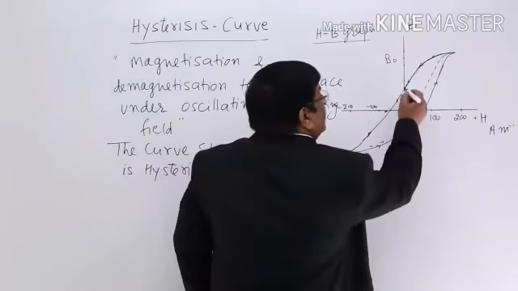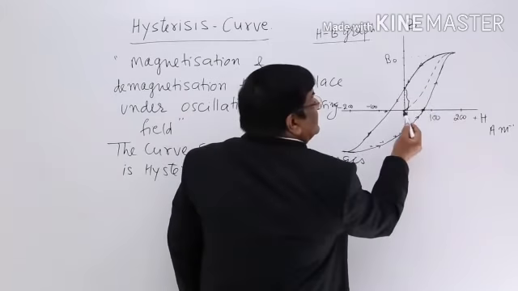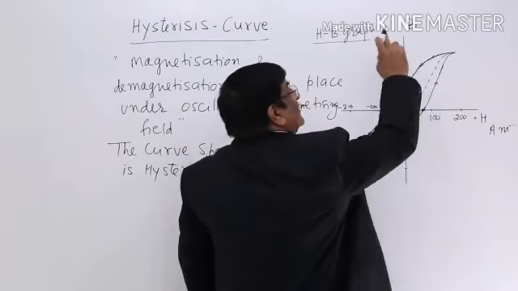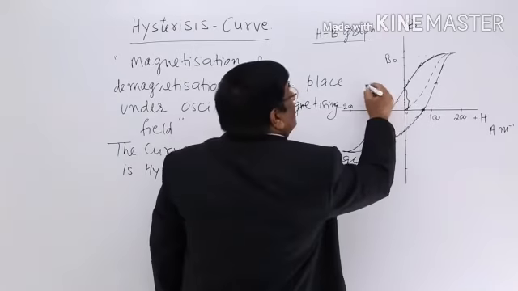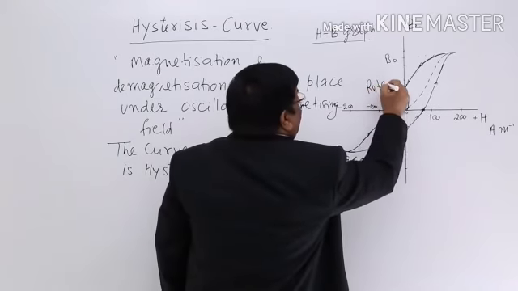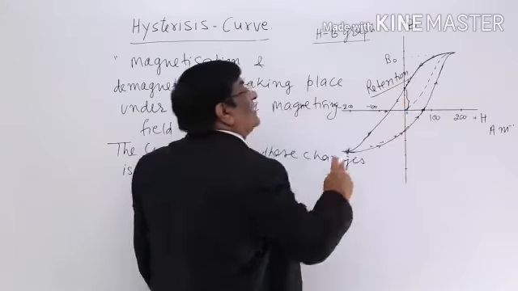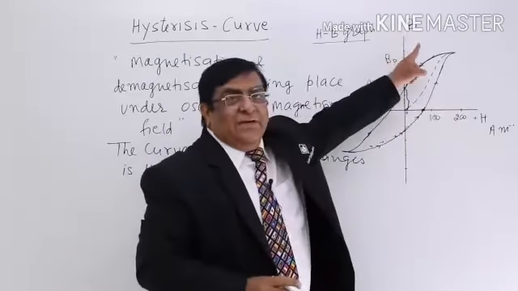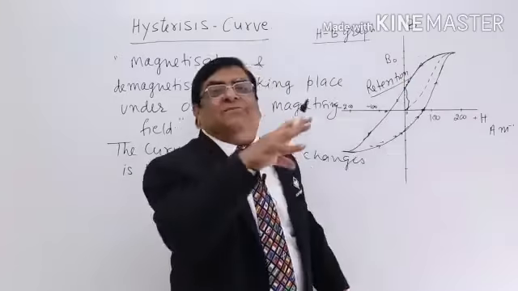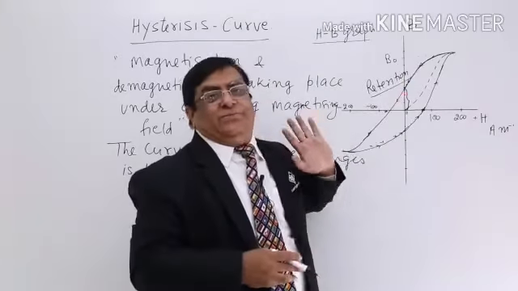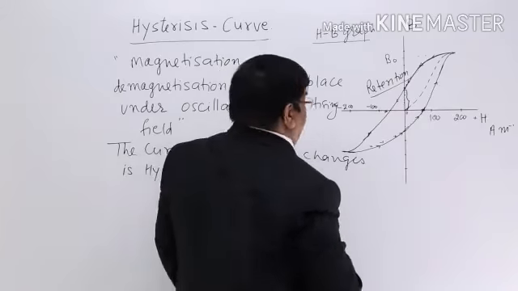Number one, this value of B when H is made 0, this is retained in the ferromagnetic material, and this is known as retention. Retention of magnetism B in ferromagnetic material even when the magnetizing force we have made 0. This is the retention point, this value of B.